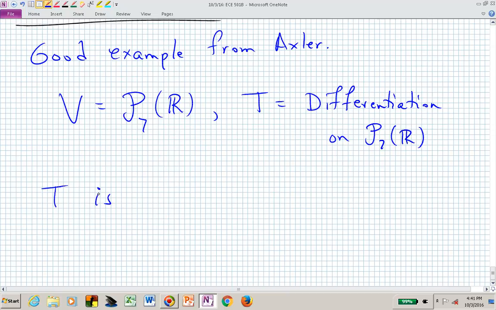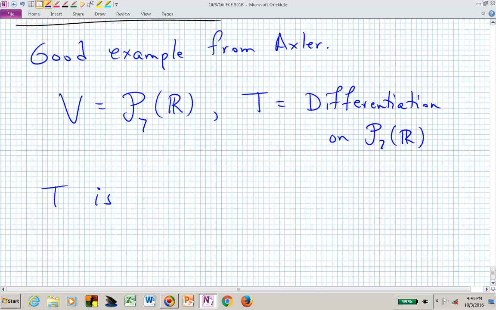I think it's clear that T is an operator on the vector space V. If we start in P7 and we perform a differentiation on a seventh order polynomial, do we stay in P7? We may reduce the order, but we're still in P7, aren't we? Yes, we are reducing the order, but we're still in P7 because a sixth order, a fifth order, a third order is still in P7.